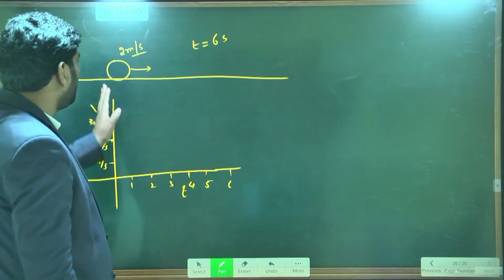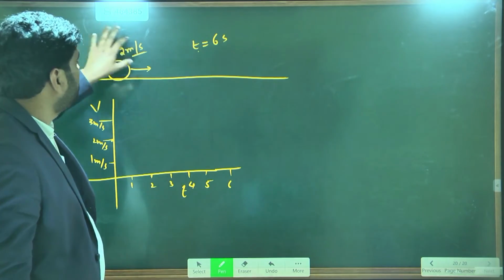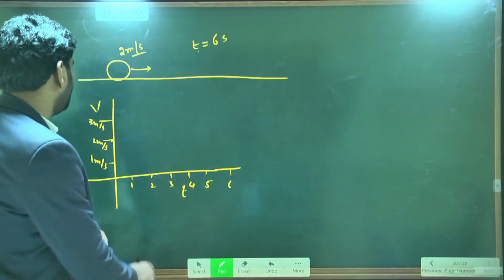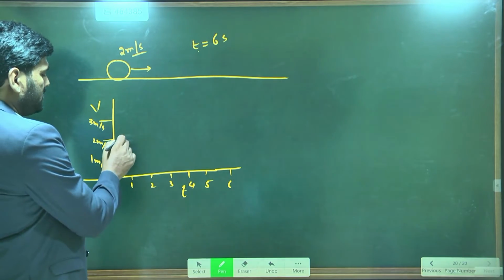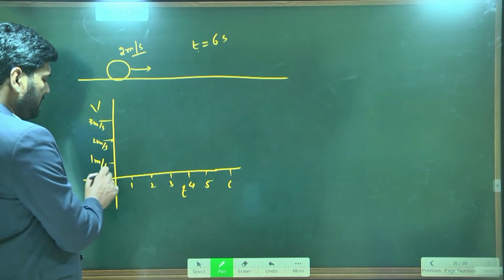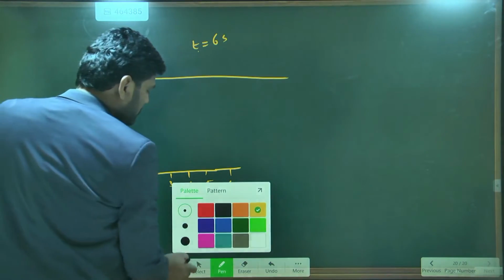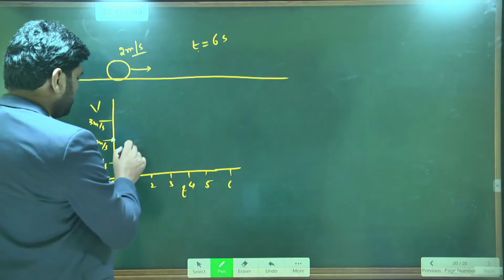Now here, for how much time does it travel with 2 meters per second? 6 seconds. Which means at 0 time it has 2 meters per second.